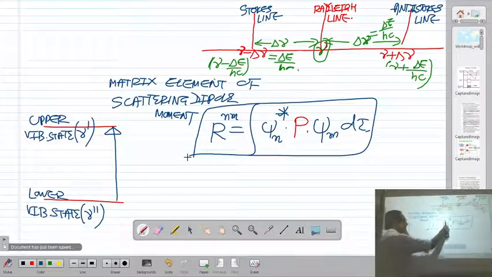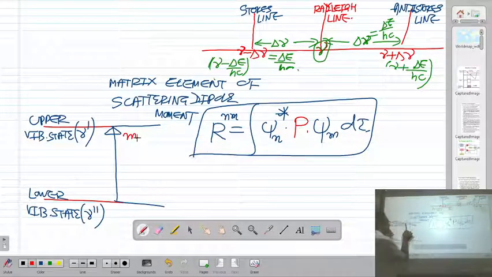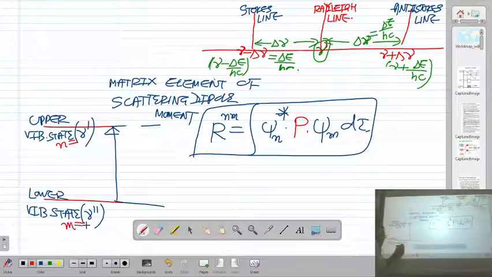Now what are psi n and psi m? Suppose I consider two states. Suppose this is the nth quantum state of the molecule, where n is nothing but nu dash. I give the upper state, nu dash, the name n, and the lower state, nu double dash, the name m.